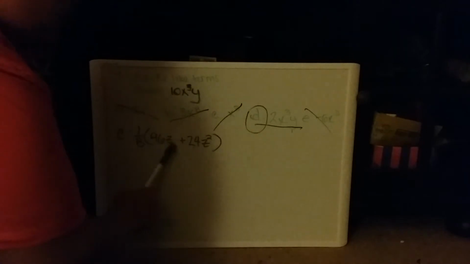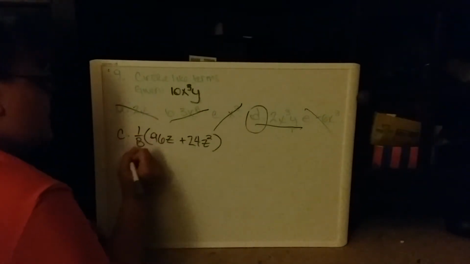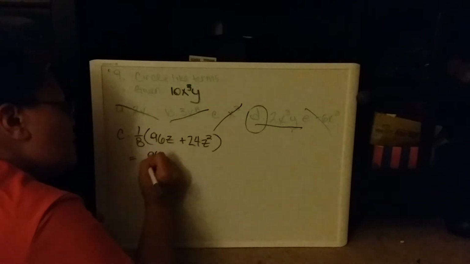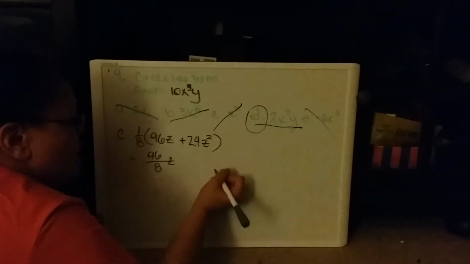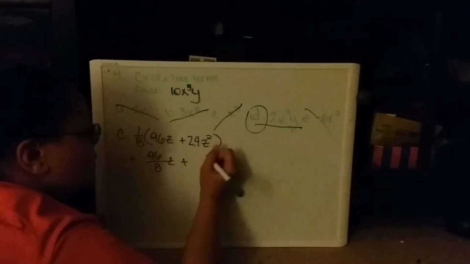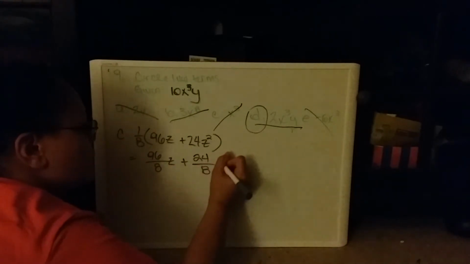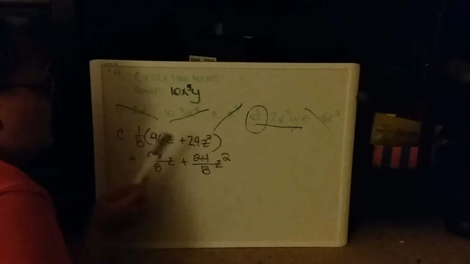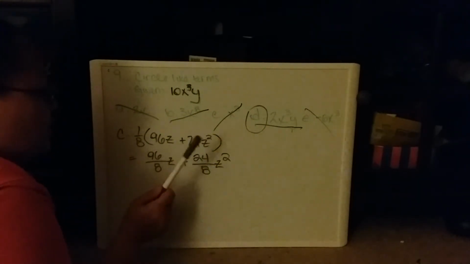So anything on the outside, you just distribute like normal. So this turns into 96 over 8z plus 24 over 8z squared. That is us saying 1/8 times 96 plus 1/8 times 24. Okay?